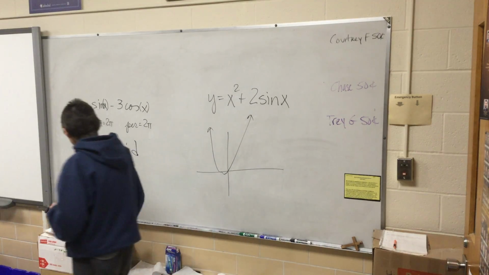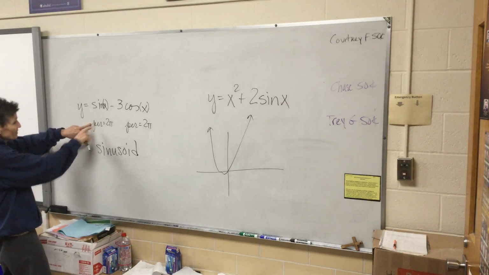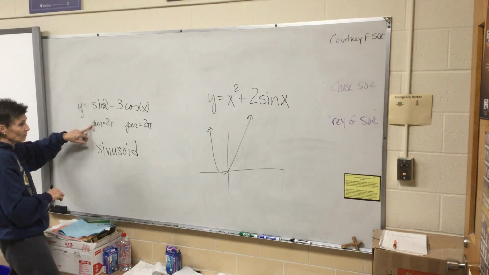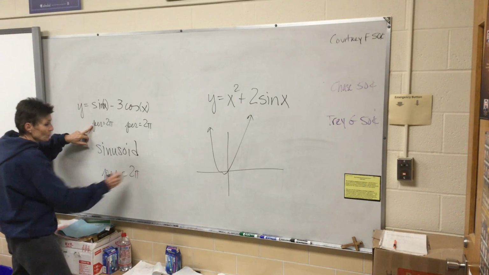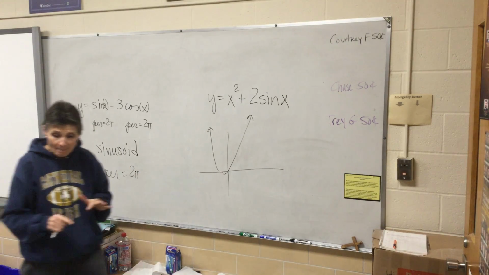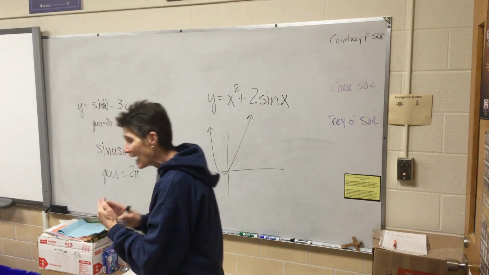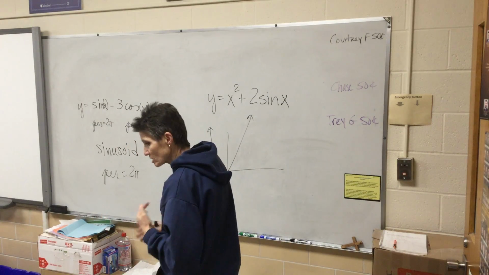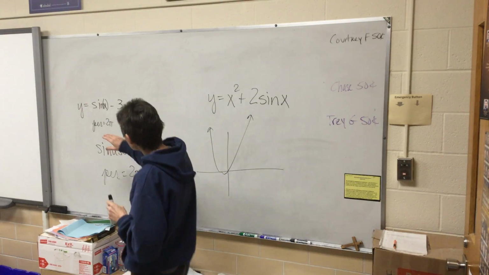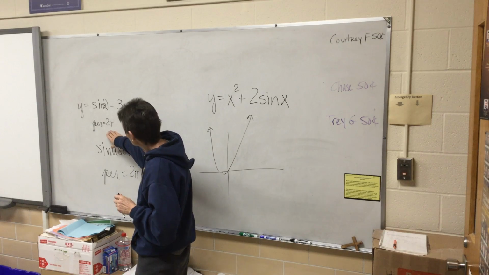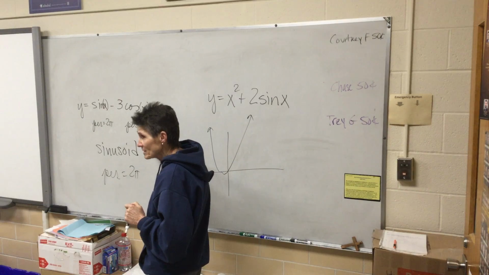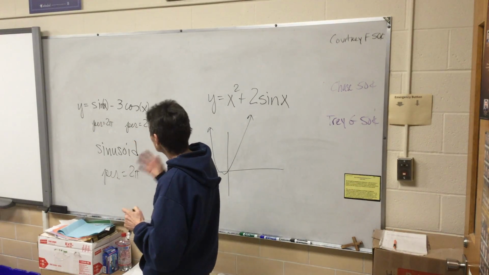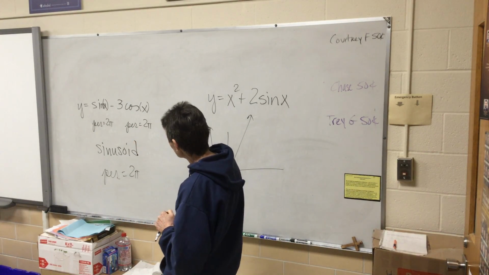Now, obviously, if the period of this one's 2 pi and the period of that one's 2 pi, when I add them together, the period is going to be 2 pi. Remember, the period is how long it goes before it starts repeating. If this one repeats every 2 pi, and this one repeats every 2 pi, then obviously, when I put them together, they're going to repeat every 2 pi.